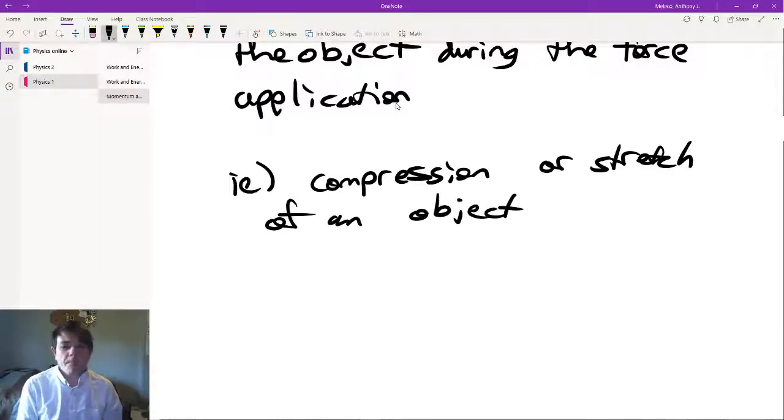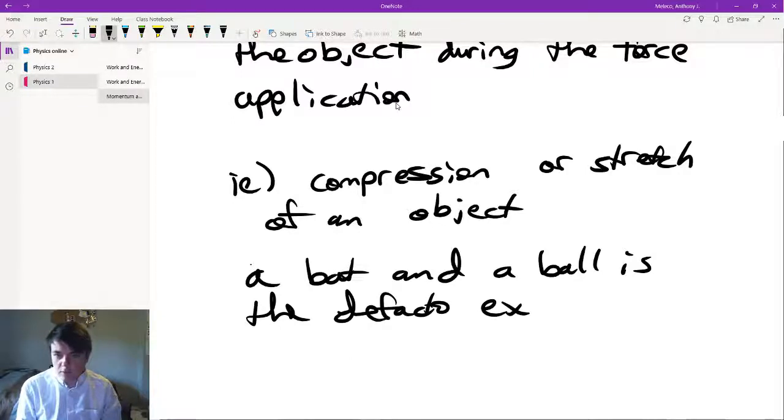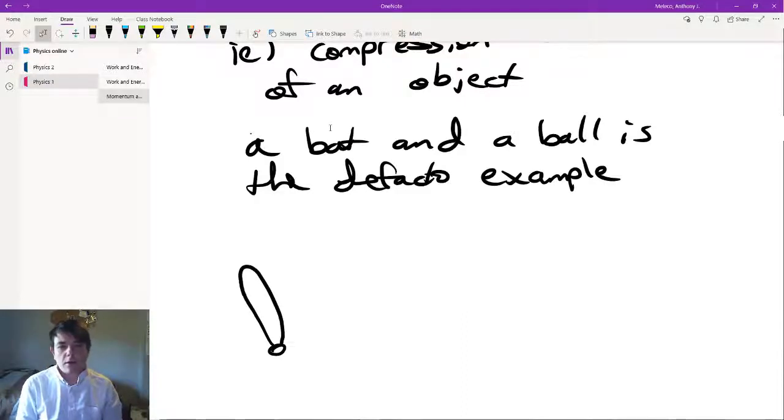Maybe the most famous example for this would be a bat and a ball. It's the de facto, the main example here that you usually see. And the reason for this is, you have a bat, okay, and a ball's coming towards it.